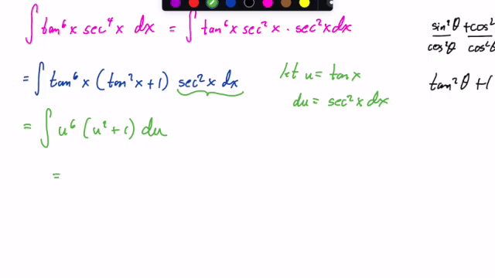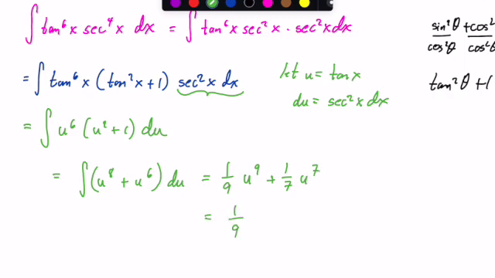So u to the eighth plus u to the sixth du, which of course gives us 1/9 u to the ninth plus 1/7 u to the seventh, and then we back substitute because we started with x. We're going to finish with x, and u is of course tangent, so 1/9 tan to the ninth x plus 1/7 tan to the seventh x plus c.